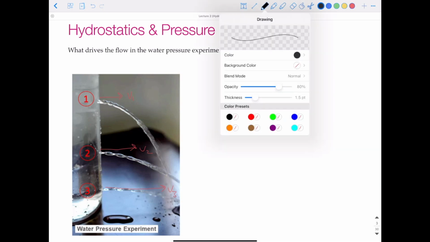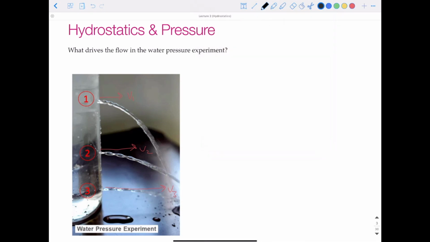And if we were just to draw sort of a diagram of what's happening here, let's say we have our wall, section 1, section 2, and hole 3, here's the bottom. So at this point, we would have some normal force N1. And then as we go further down, that normal force is going to increase, N2, and then N3.